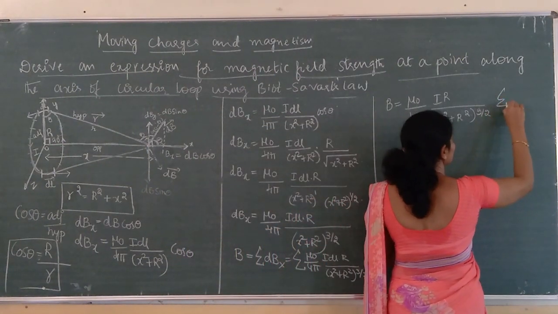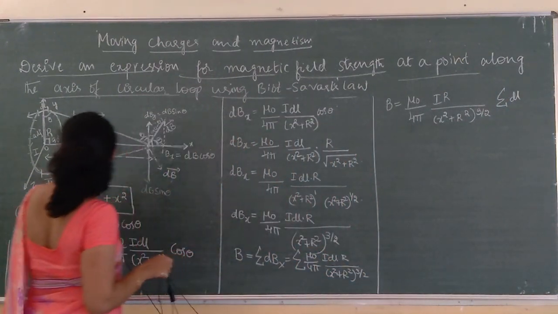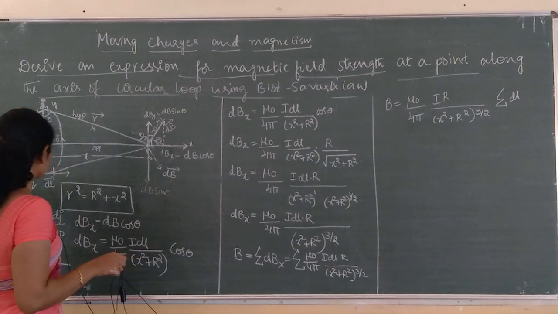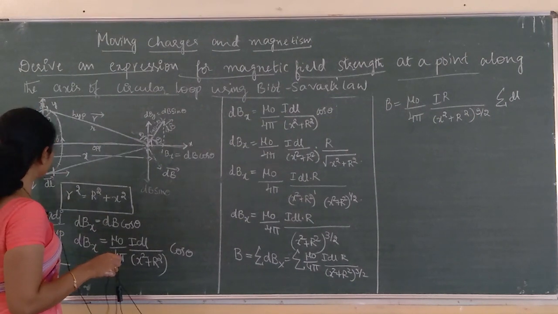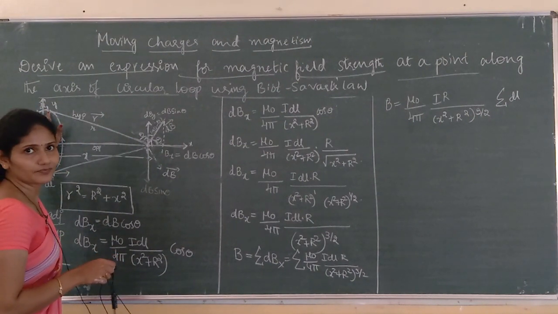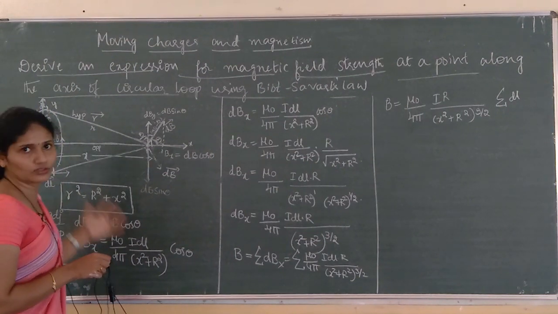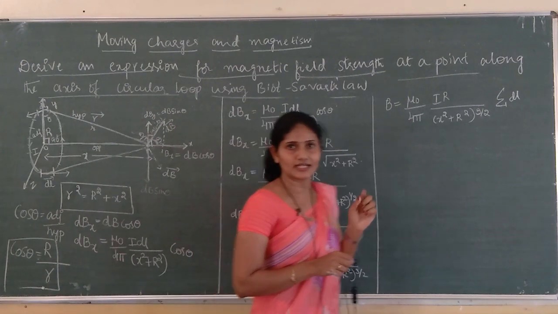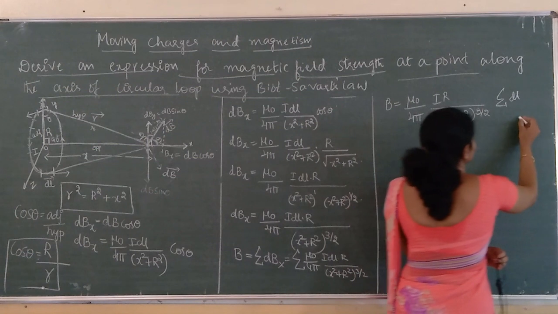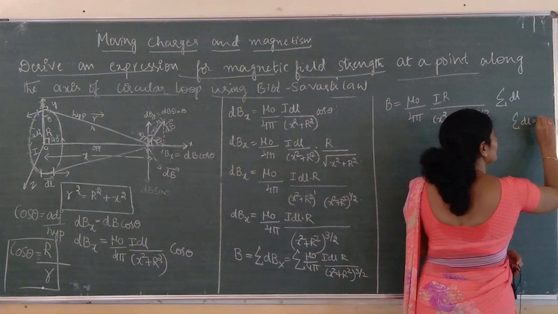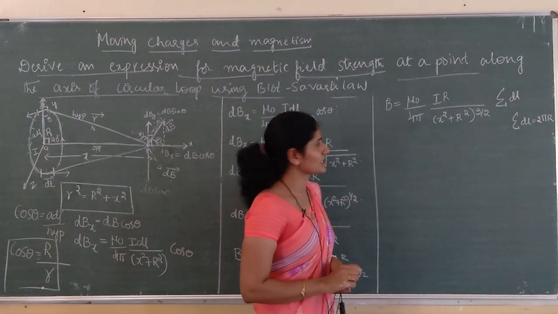into summation dl. That means on adding all the line elements, if I add all the dl together, then I get a circle. So summation of dl is nothing but the circumference of the circle. We know that the circumference of the circle is 2 pi r, where r is the radius of the circle.